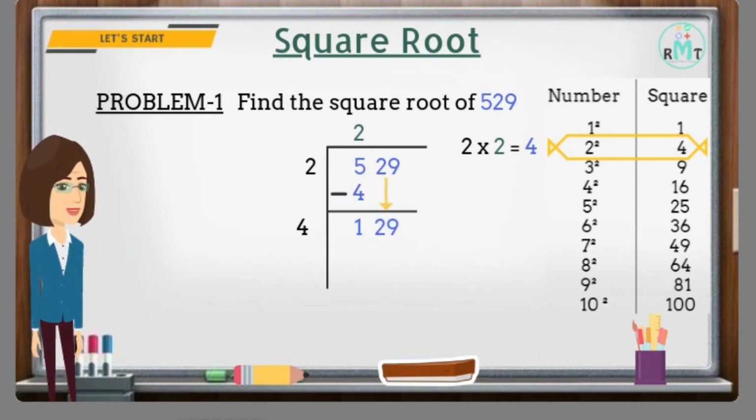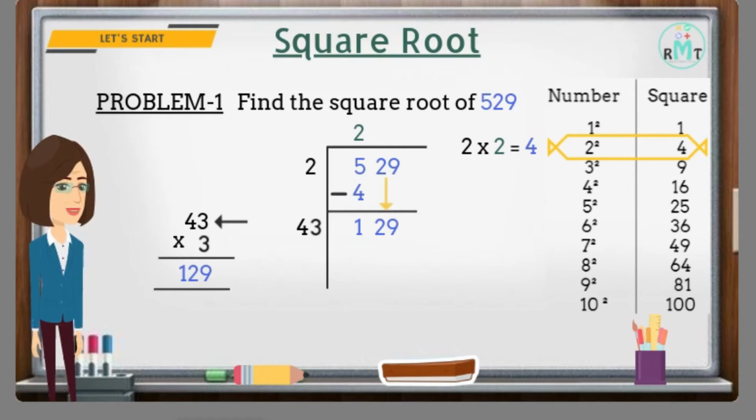Now, we will compare 4 with 12. As we know, 4 multiplied by 3 equals 12. So we will write the number 3 next to 4. Now, we will multiply 43 with its suffix, that is 3, and get 129 as the answer.